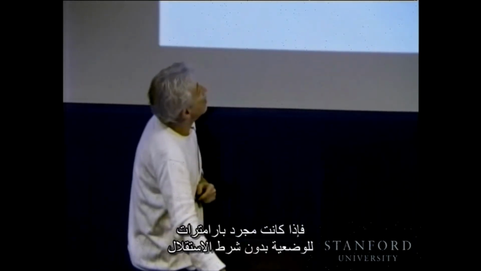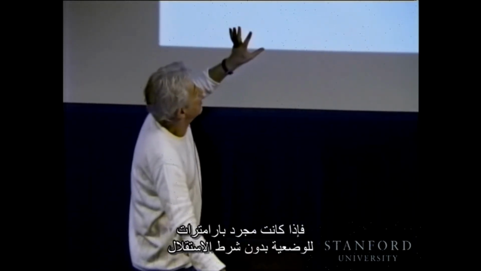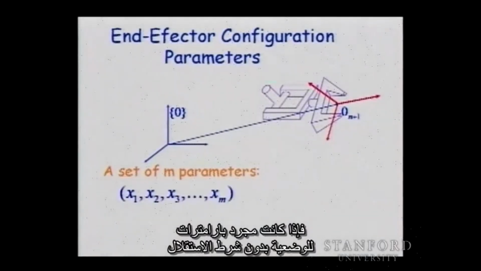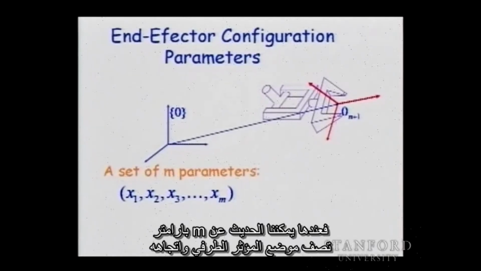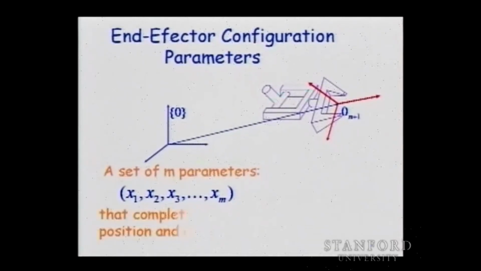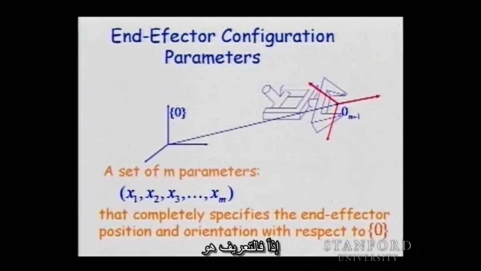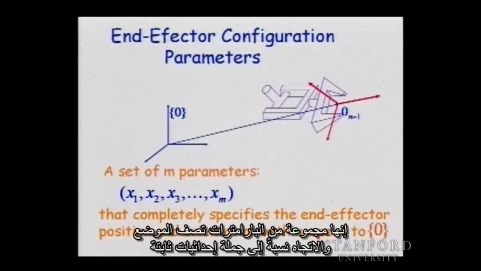So if they are just configuration parameters without the condition of independence, then we can talk about these M parameters describing the position and orientation of the end effector. So this is the definition. That is, we have a set of parameters describing the position and orientation with respect to a fixed frame.